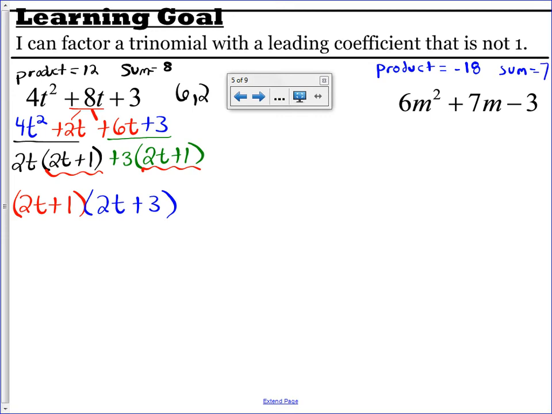Okay, what two numbers multiply to negative 18 and add to 7? Nick? 9 and negative 2. 9 times negative 2 gives me negative 18. Good. 9 plus negative 2 gives me 7.